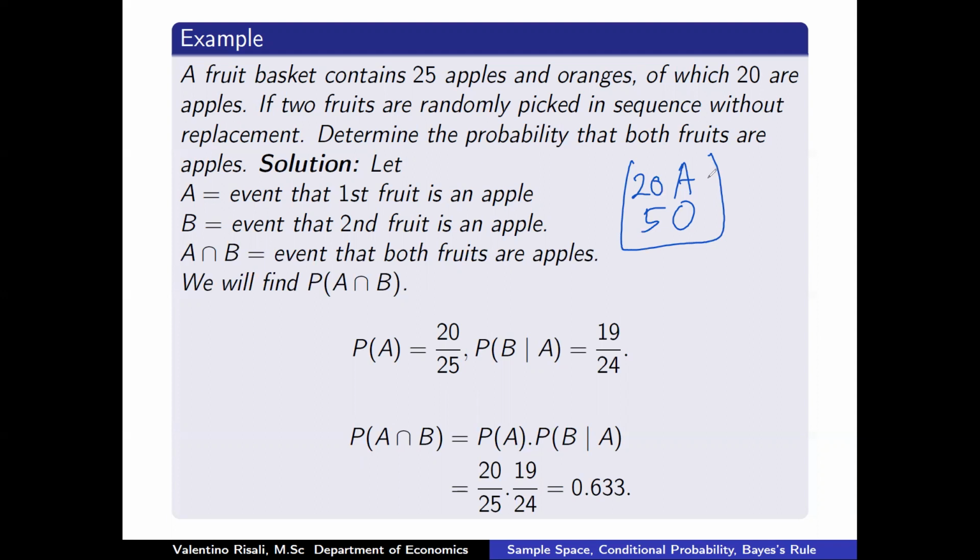Because we do it without replacement, we pick a fruit and don't replace it. So when we are in the first event A, the whole fruits are 25 and there are 20 apples.